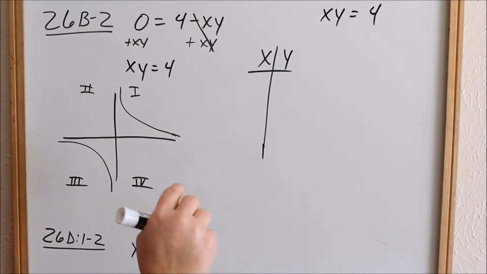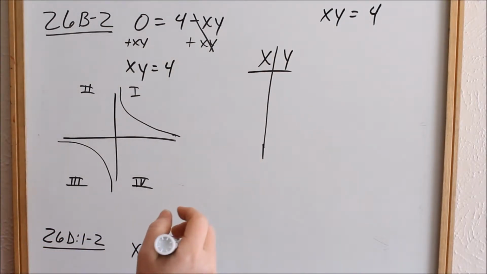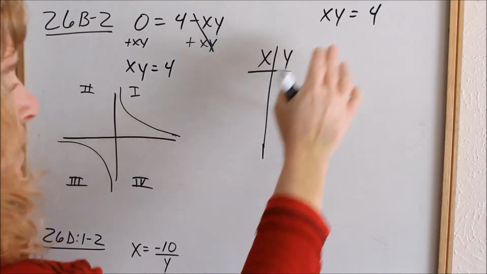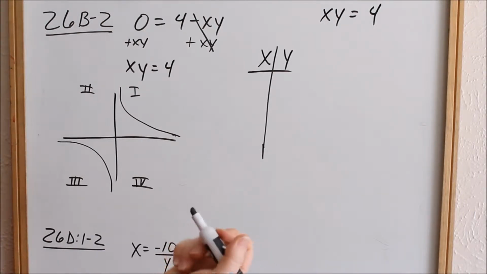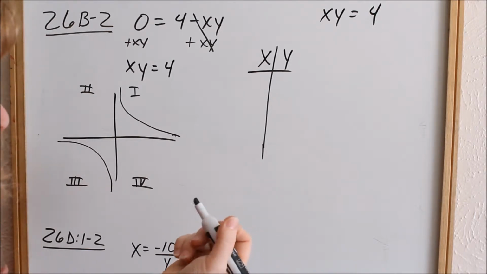One thing I want to point out: when you have the equation xy equals 4, your hyperbola in this format is never going to cross the origin, or the x or y axis, which means neither x nor y can be 0.